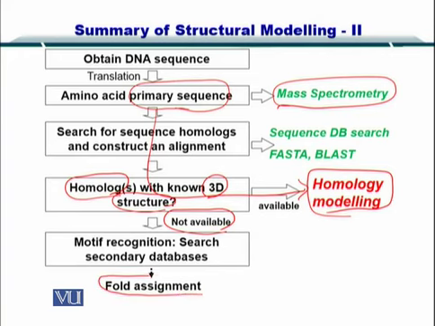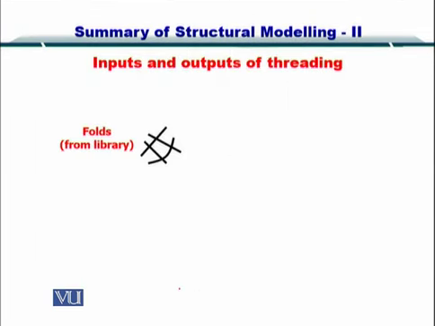This strategy is called fold assignment. So once again, if you cannot find complete protein structures having similar sequences to your sequence, then you have to move to fold recognition.